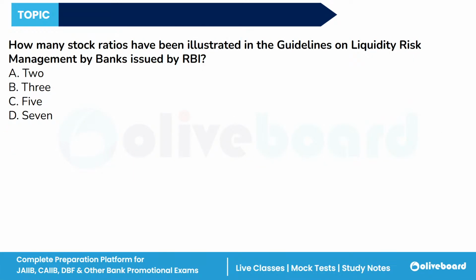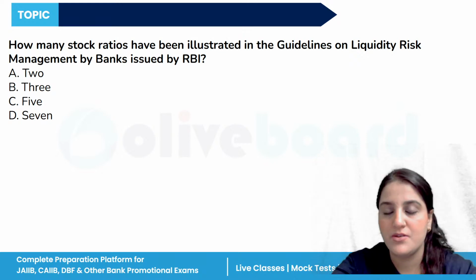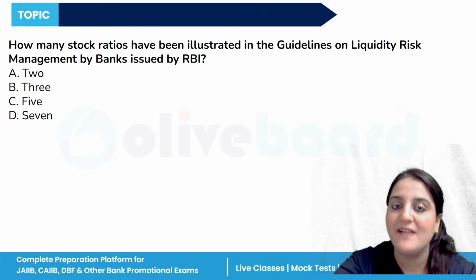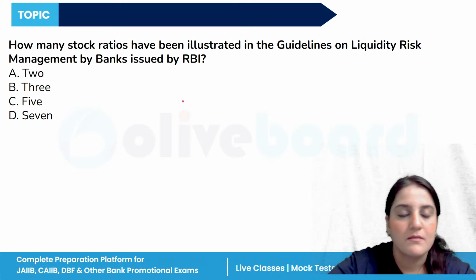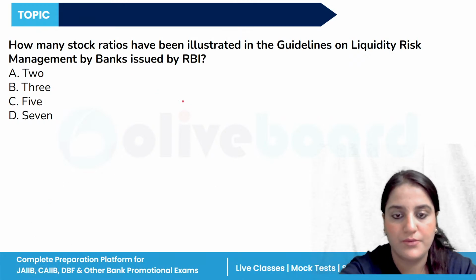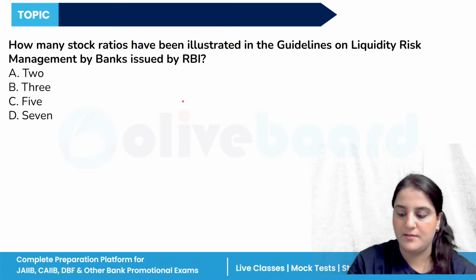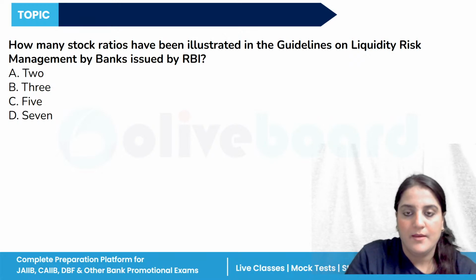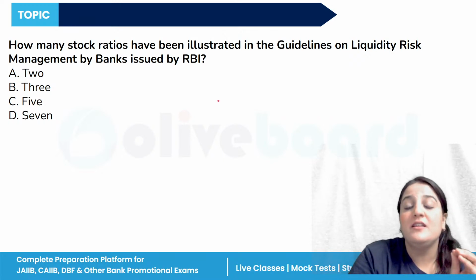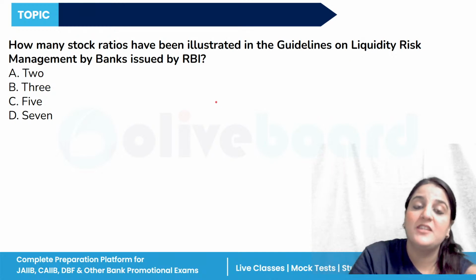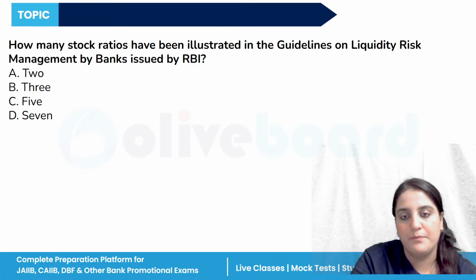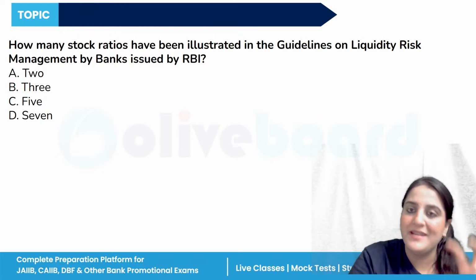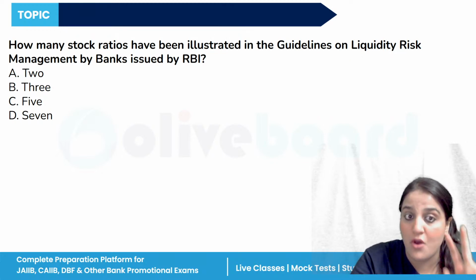How many stock ratios have been illustrated in the guidelines on liquidity risk management by banks issued by the RBI? How many stock ratios? See, let's discuss this. The guidelines on liquidity risk management by banks issued by the RBI have given an illustrative list of 7 stock ratios.